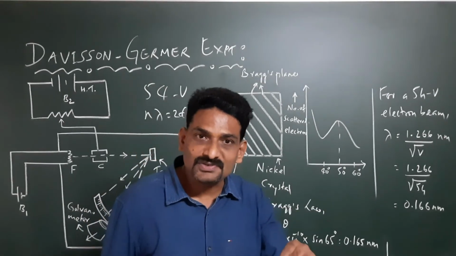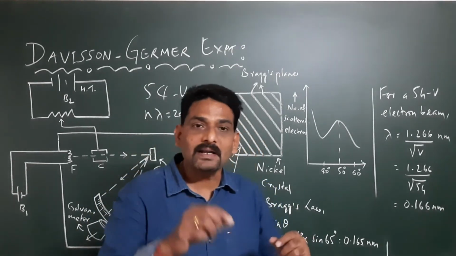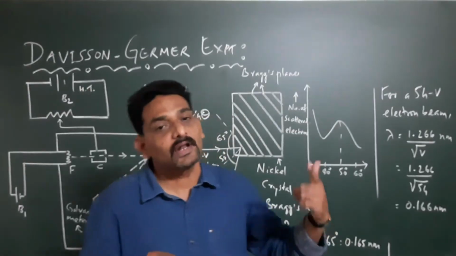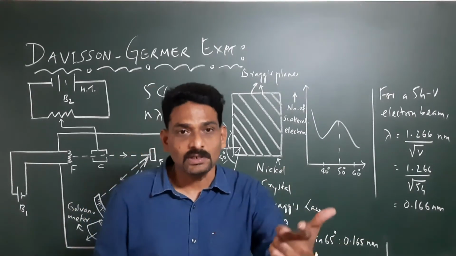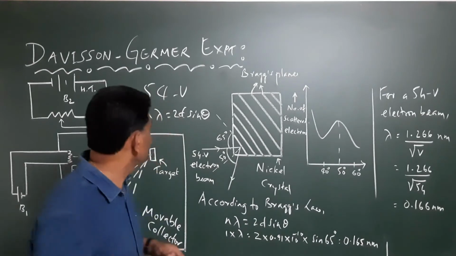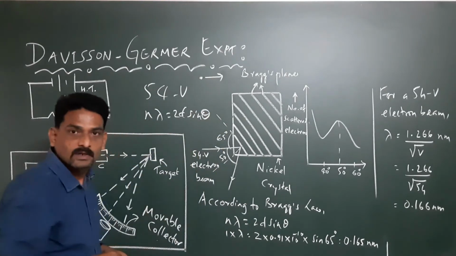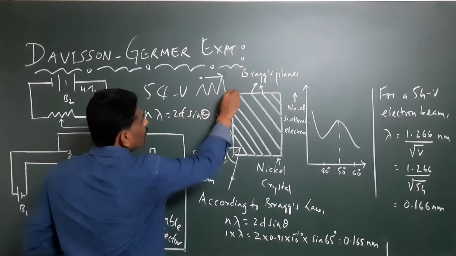What is the de Broglie hypothesis? According to de Broglie, a particle in motion, a particle like an electron or a proton or a neutron, is associated with a wave. As I told you in the previous class, if you have an electron in motion, it is associated with a wave.